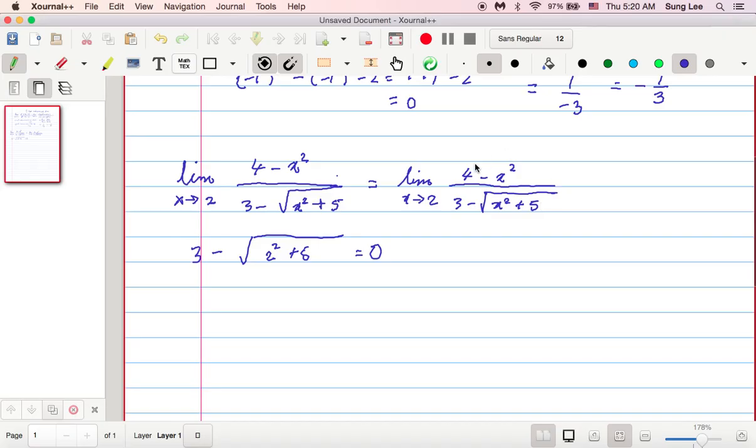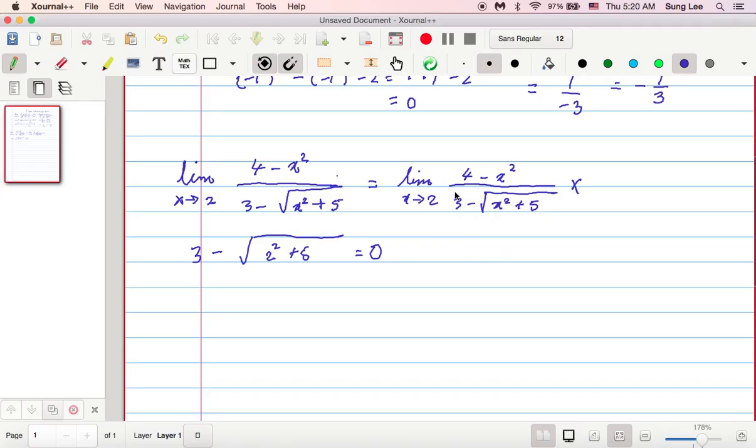That's the original function. When you have a fraction, you can multiply the numerator and the denominator by the same number. It's not a rational function, but a function divided by another function, same principle. So you can multiply the numerator and the denominator by the same function.